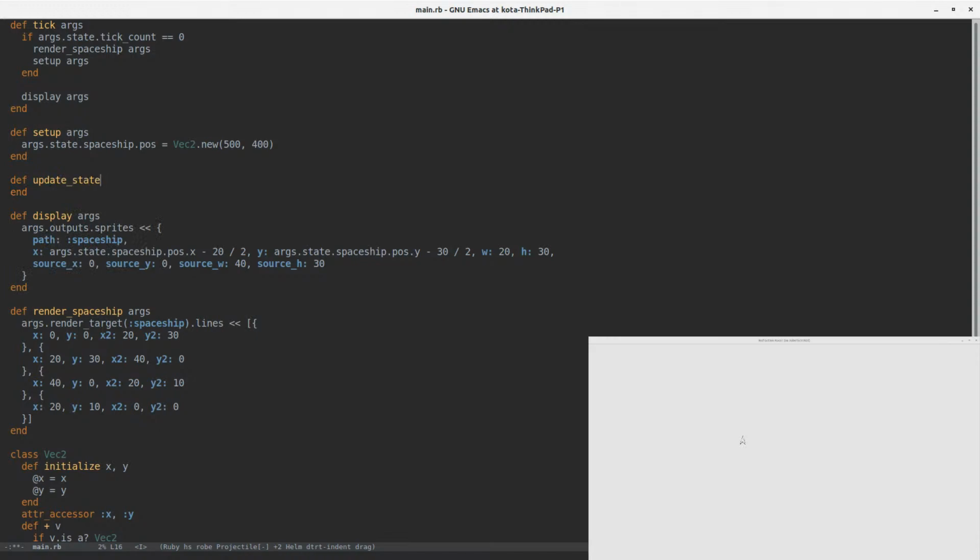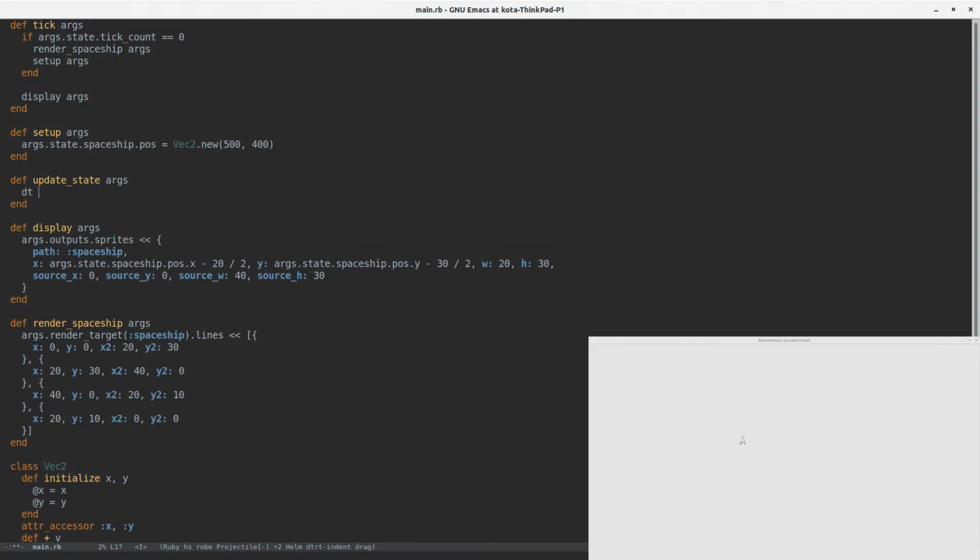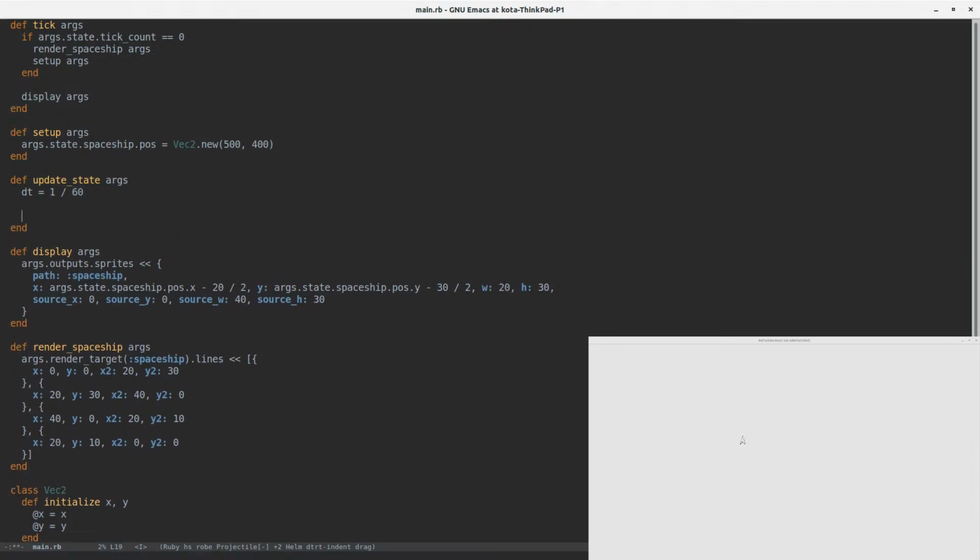update state. And for this, I actually like to typically use real world units. I know Amir's gonna complain about this, but I usually set up a DT so that I can get real physics instead of something which is kind of fake, or just pixel space.